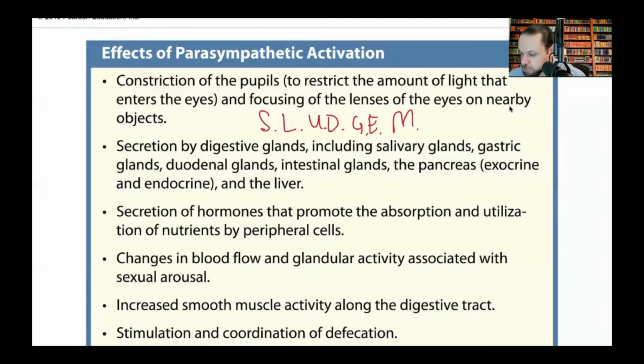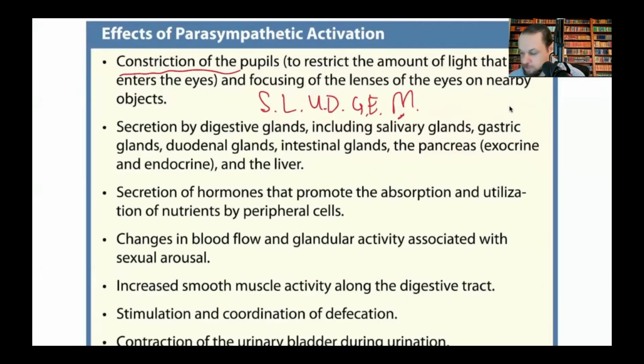Here, constriction of the pupils is by the parasympathetic system. Secretion of the digestive tract is increased, and if you have increased secretion of the digestive tract, you may have gastrointestinal disorders, right?